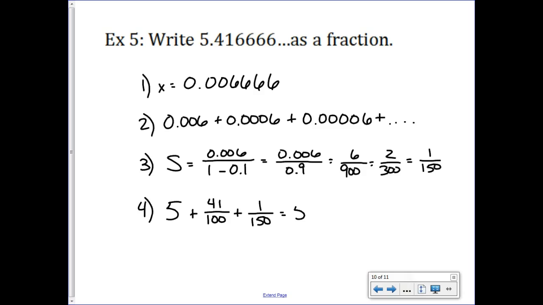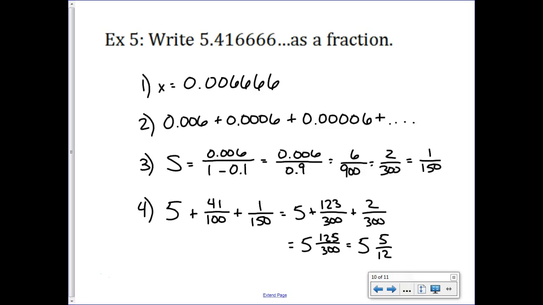So we have 5 plus, over 300, I need to multiply 41 by 3, that's 123, and then that was 2 over 300. So then I get 5 and 125 over 300, which does reduce to 5 and 5/12.